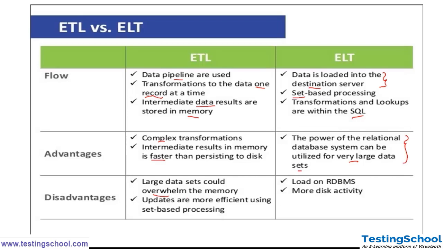Right now here everything is done at the database level, so whatever database capabilities are there, you can leverage on all of them. Updates are more efficient using set-based processing because unless you identify a set on how to do the updates, you'll not be able to do the updates, right? However, on ELT, it is still RDBMS, which will give you the more disk activity, right?